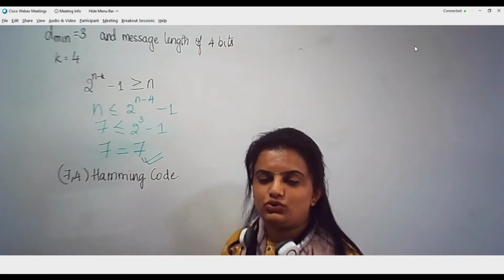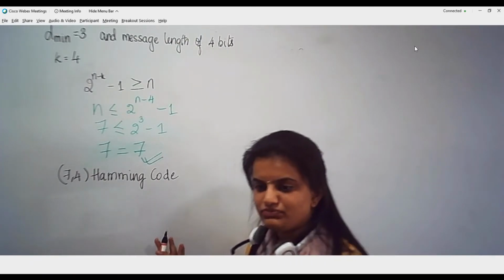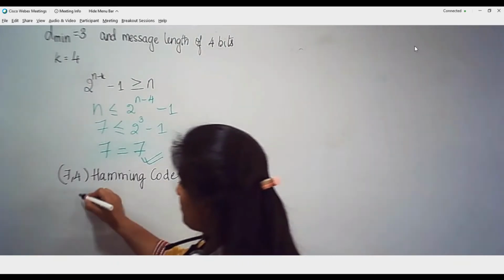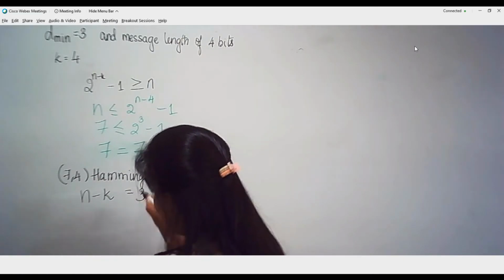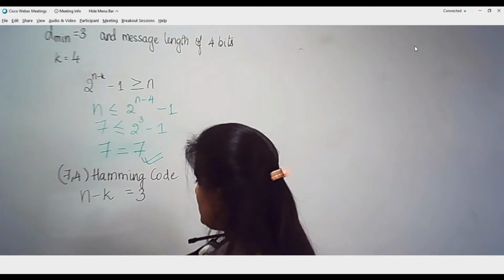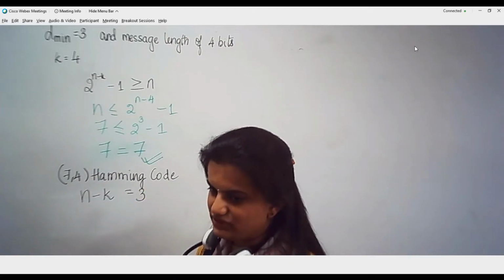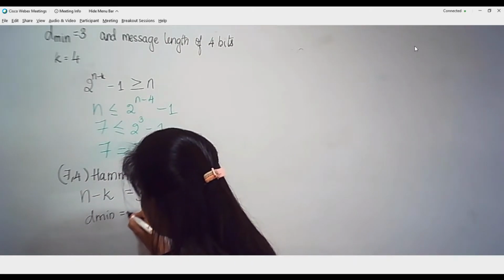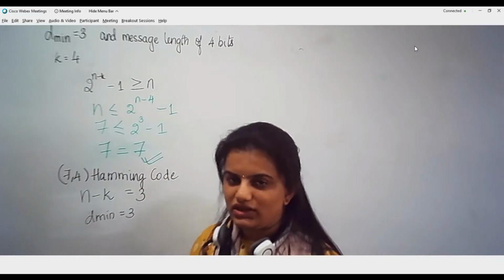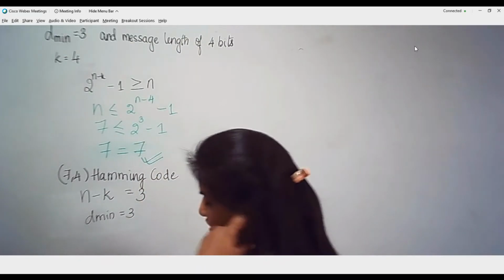So how do I do this next? We know that the number of parity bits available is n minus k, which is equal to 3. Okay. d_min has also been given to us. If d_min is known to us, what is the error correcting capability? Obviously it is equal to 1, that we can conclude.